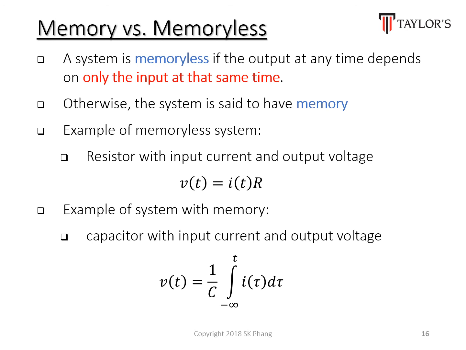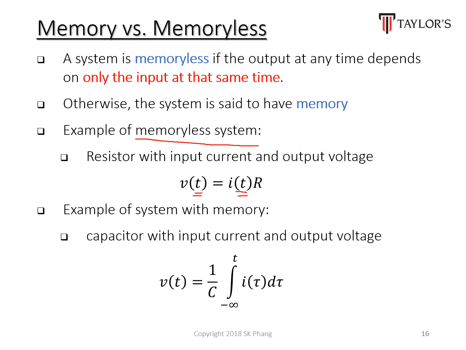A memoryless system depends only on present input. In this example of a resistor, the voltage across the resistor depends only on the current that passes through it at this present time. It does not depend on any past current that passed through the resistor. So this is a memoryless system.